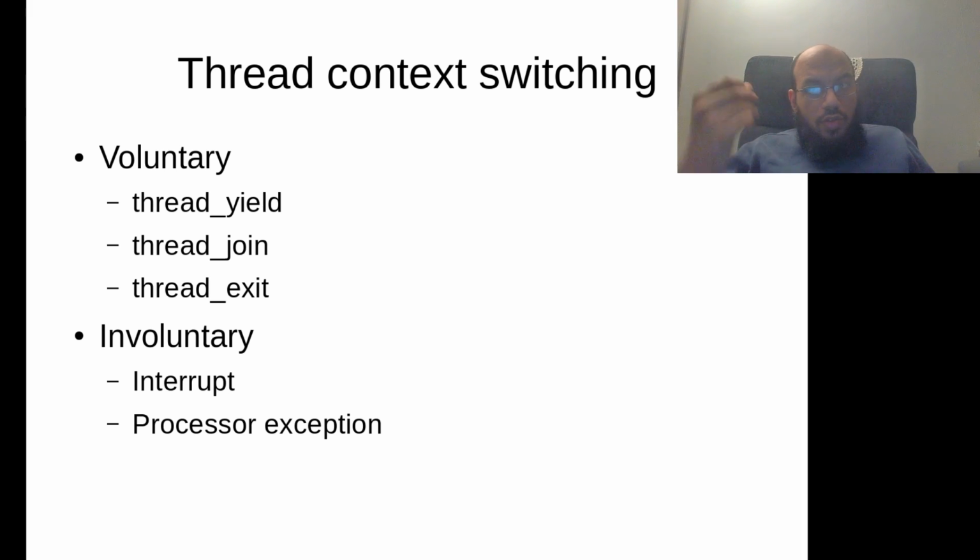But the voluntary ways are through one of three calls that the thread itself can make. The first one is thread yield, and that is when the thread is waiting for some resources to become free, for example, or is waiting for some other thread to finish its computations, or is waiting for memory to be fetched from the memory of the computer, because memories are kind of slow.